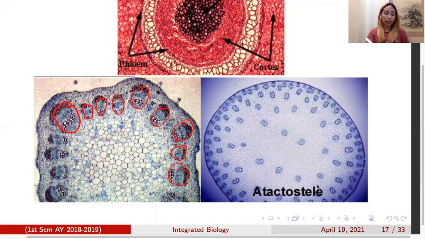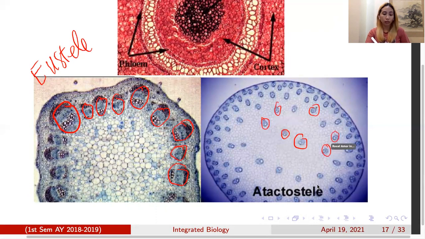So when it comes to Atactostele, the main difference of Eustele versus Atactostele stellar pattern is Atactostele has vascular bundles arranged randomly, or in more simpler terms, vascular bundles that are scattered randomly. No, there's no arrangement, unlike Eustele stellar pattern where there is a very clear cylindrical type of arrangement of the vascular bundles.